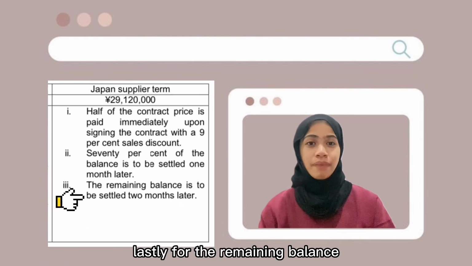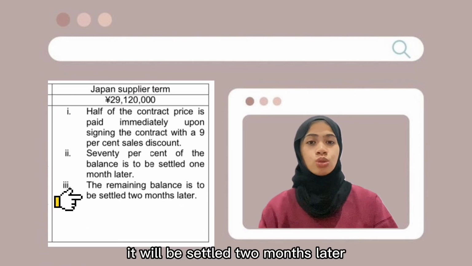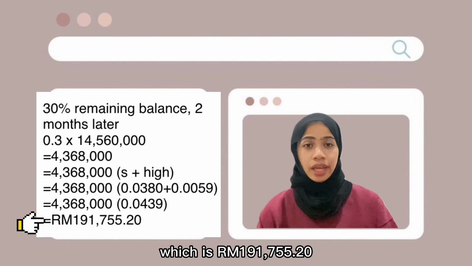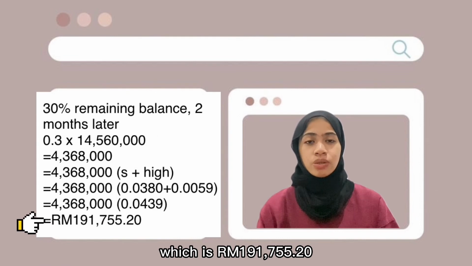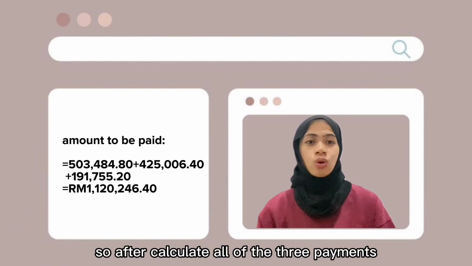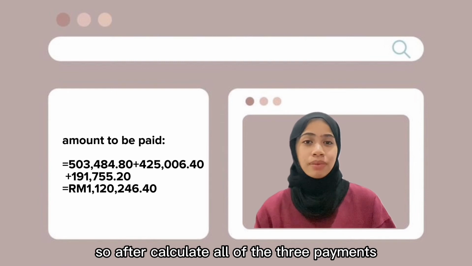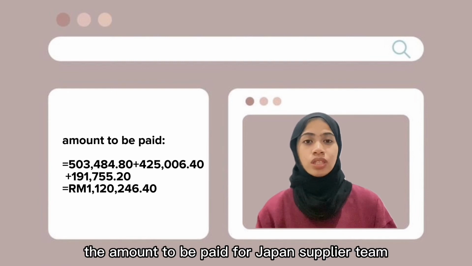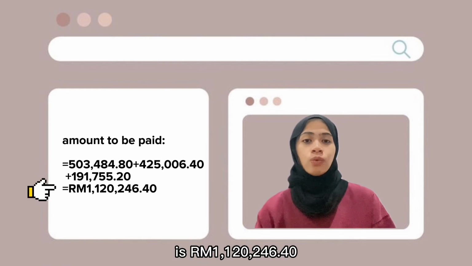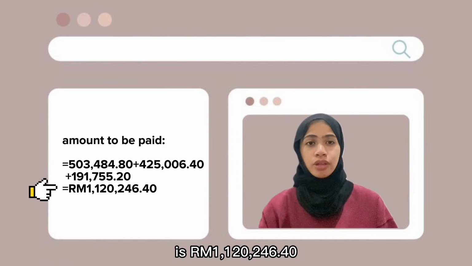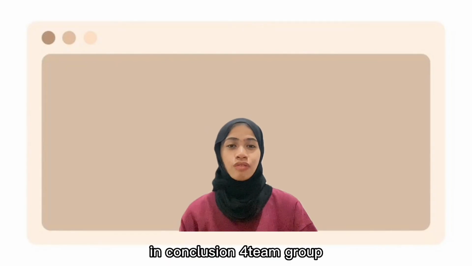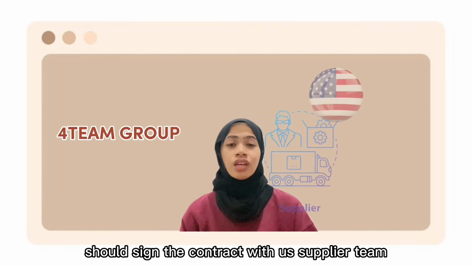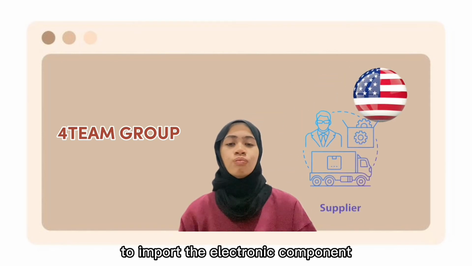Lastly, the remaining balance will be settled 2 months later, which is 191,755.20. So, after calculating all three payments, the amount to be paid for the Japan supplier team is 1,120,246.40. In conclusion, Group 14 should sign the contract with the US supplier team to import the electronic components.